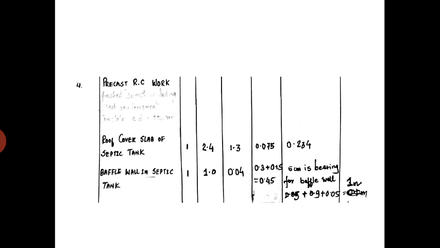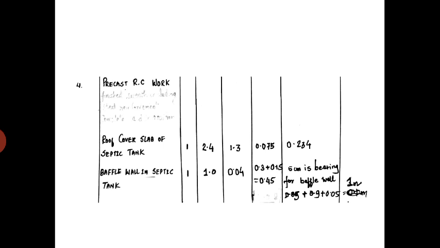Then the baffle walls of the septic tank, which they have designed, are of 4 centimeter thickness. Then the height, that also they have given, is 30 plus 15, total 45. If you see the diagram, you will come to know.